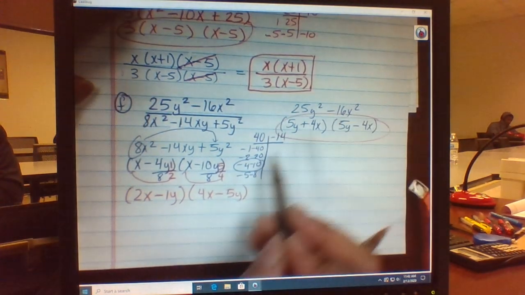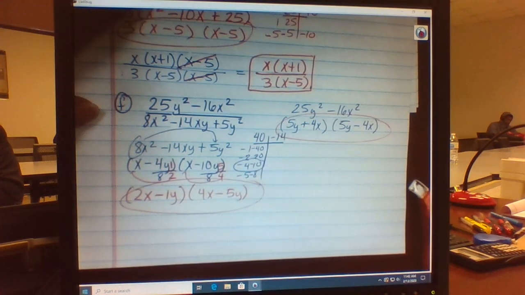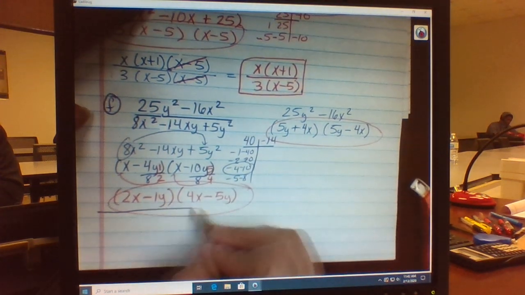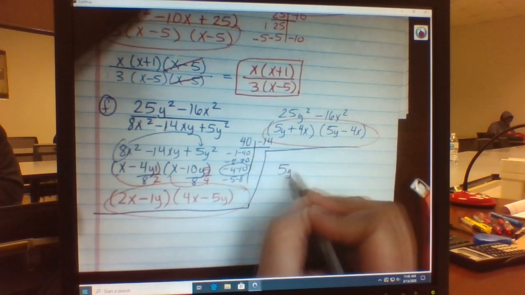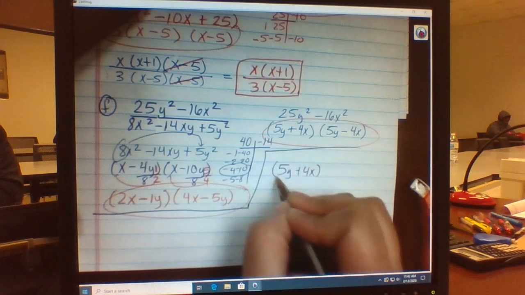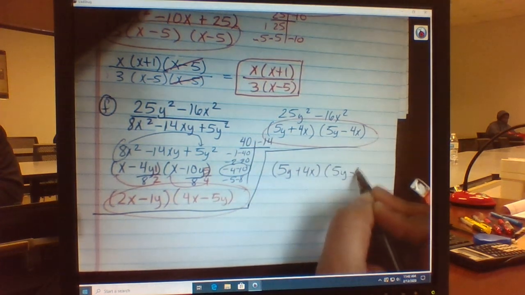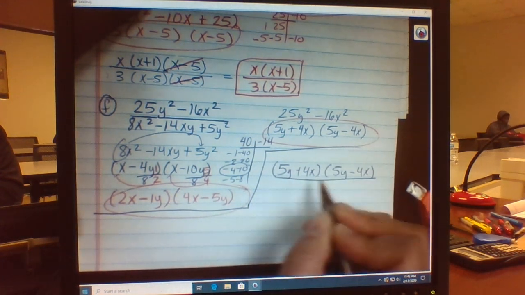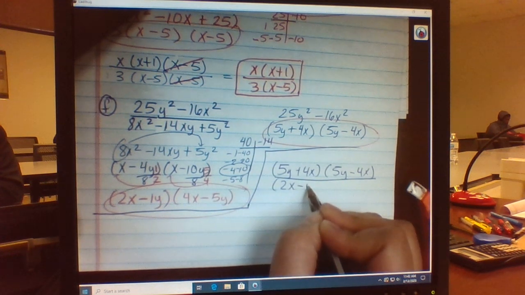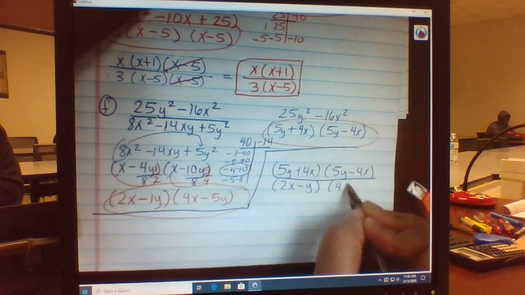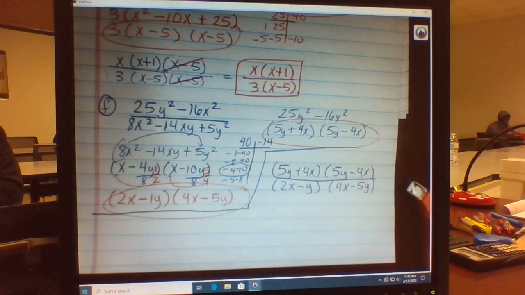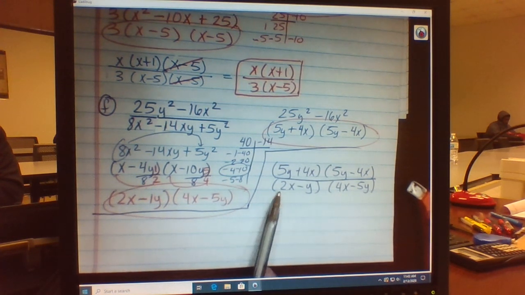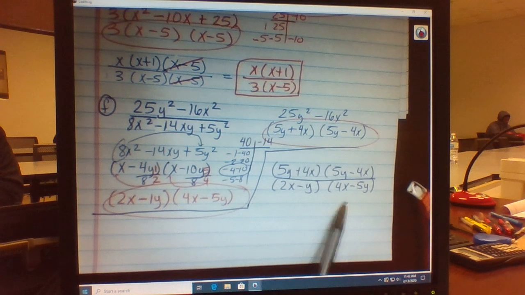So this is my top, this is my bottom. And I'm going to write them here because we're still going to have to do something else. When you look at this, can you cancel anything? No, right? Because first of all, I have a 2xy, there's no such thing.